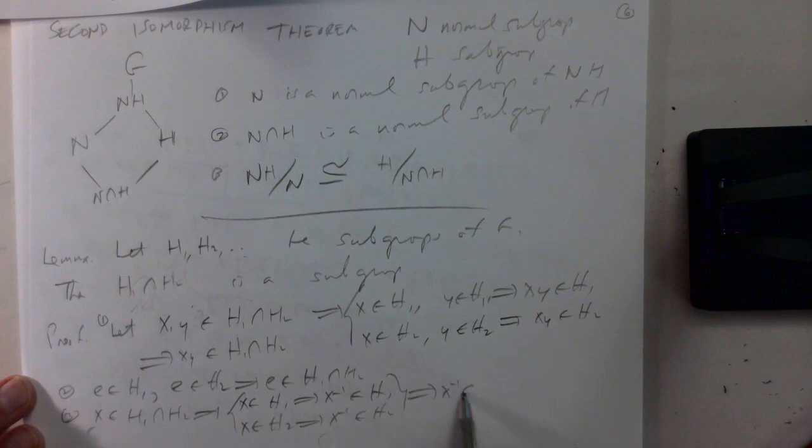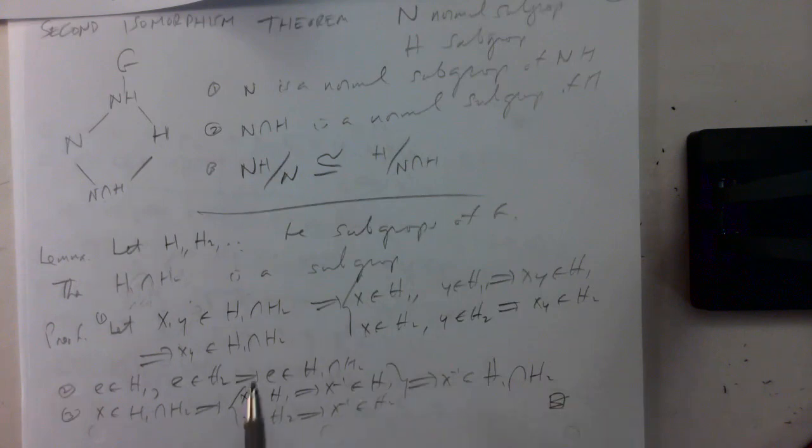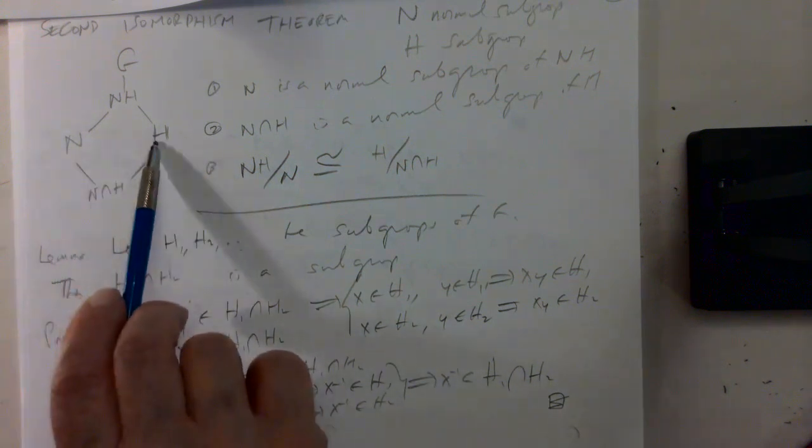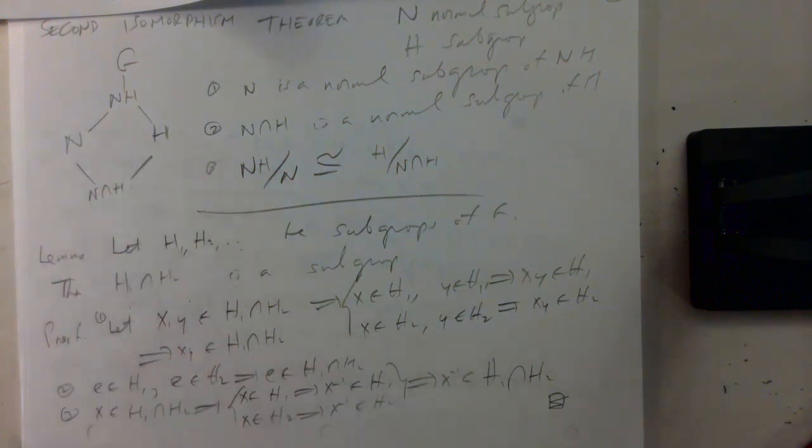So x inverse is in H1 intersect H2. So the intersection of two subgroups is closed under multiplication, contains the identity, and contains the inverse of each of its elements. So that's why it makes sense here, when I have two subgroups N and H, to claim that their intersection is a subgroup. And the rest of that theorem I'll prove in the next lecture.